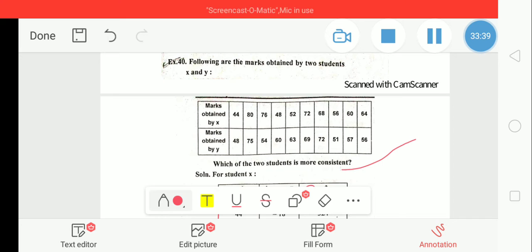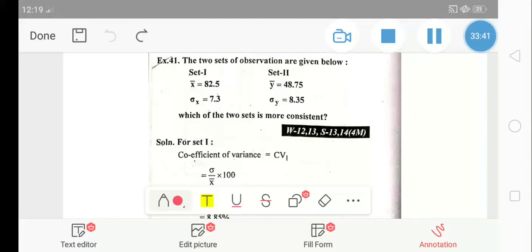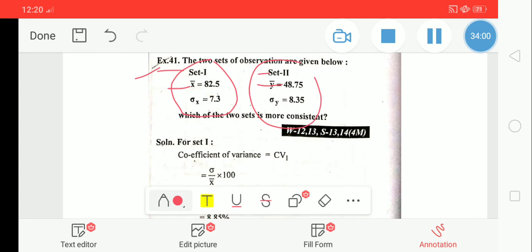Now take the next sum. Here the next example: two sets of observations are given below, set 1 and set 2. Here x bar is the mean of set 1, and y bar is the mean of set 2.